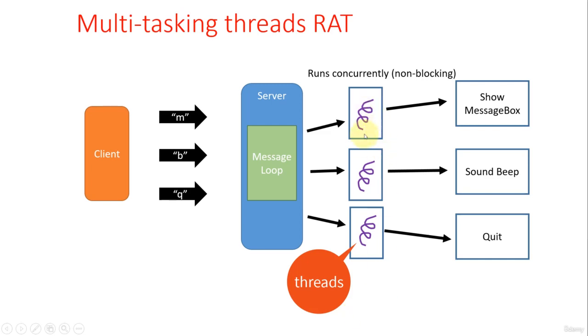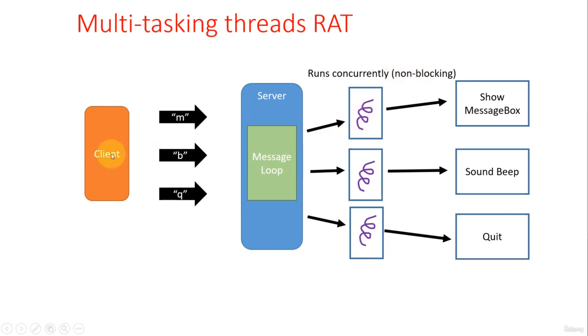So threads are mini programs. You can view them as mini or small programs running within the main program. The main program is called a process, and inside a process you can have many threads. Each thread can do one task, and they do not block each other. They can run concurrently. So that is what we mean by non-blocking.